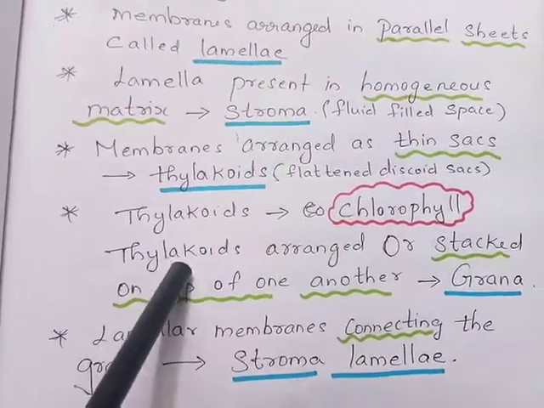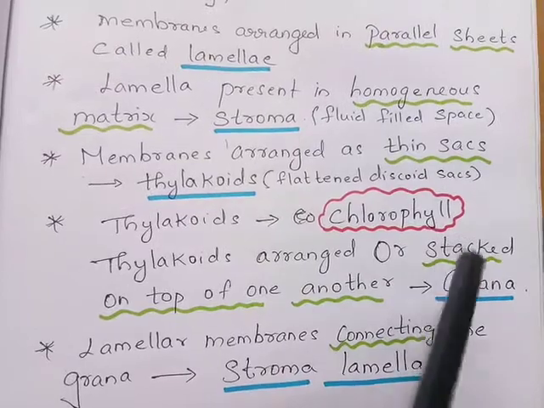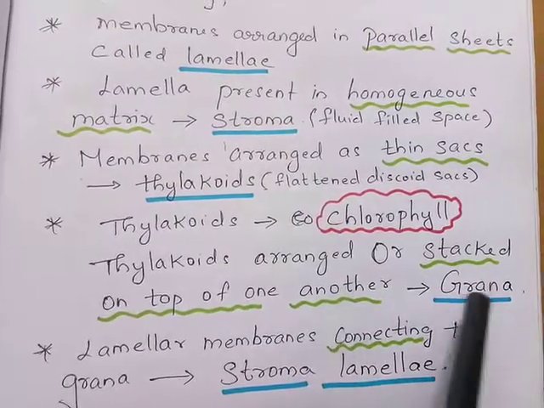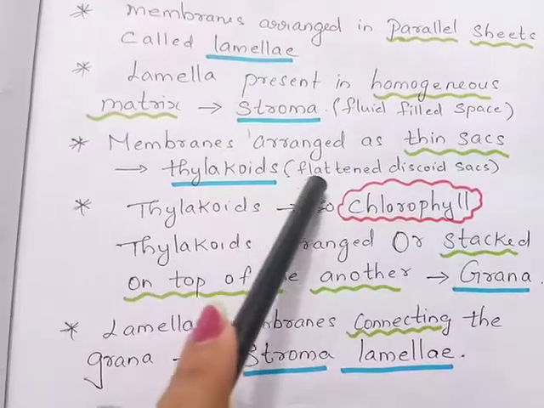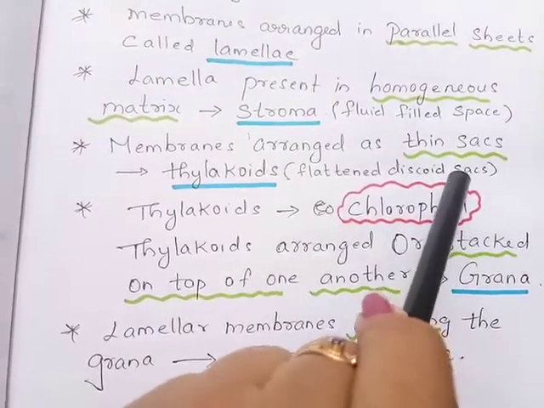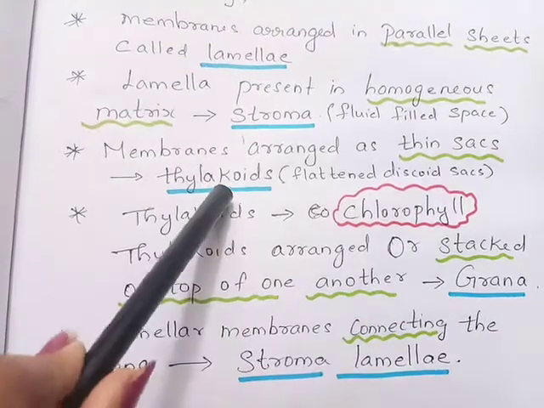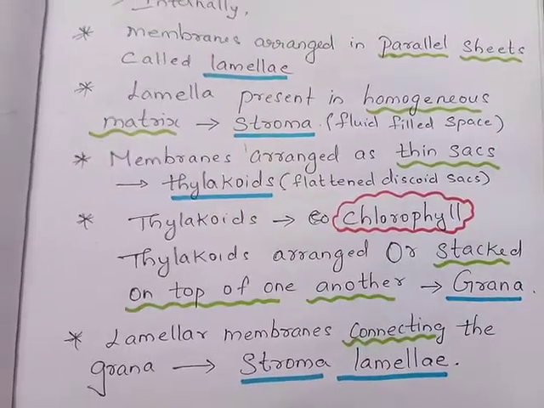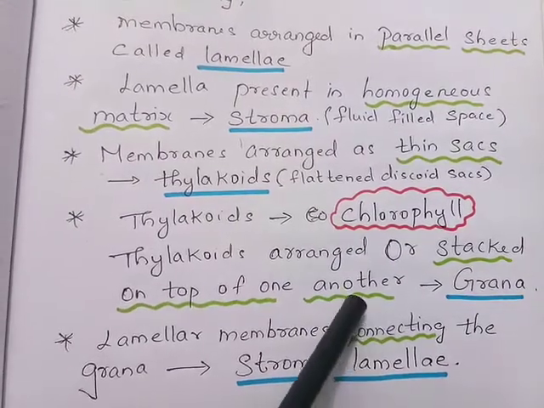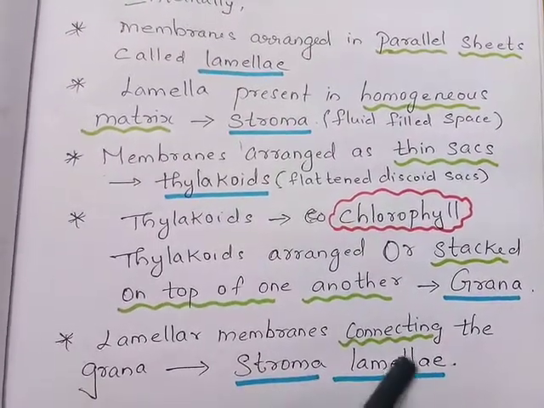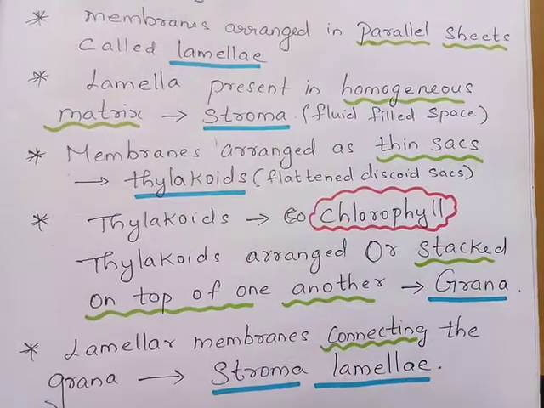The thylakoids arranged or stacked on top of one another are called grana. So I said flattened discoid sacs are called thylakoids. Each thylakoid, when they are arranged on top of each other, the whole thing together is called grana.